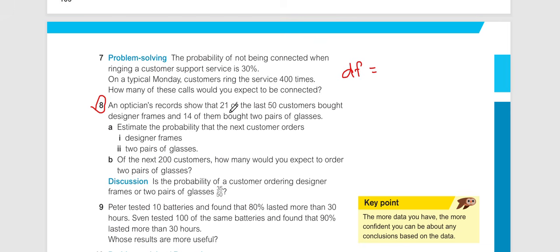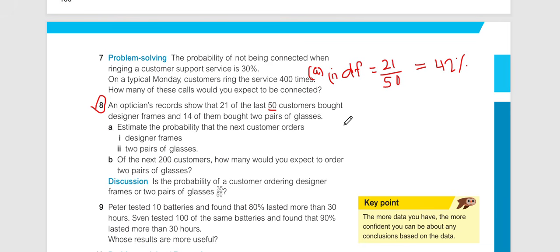How many has taken designer frames? 21 out of 50 customers. So you can write this answer like this, or you can write it also as a percentage, 42%. This is for question 8, part A.